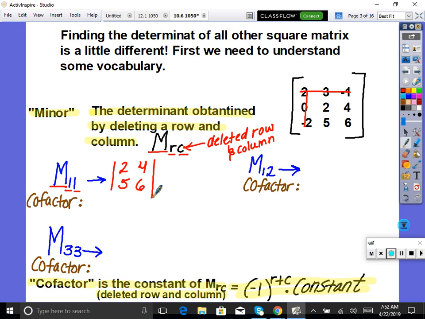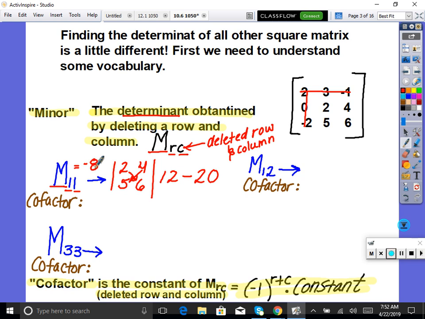Now we can find the determinant. So our minor, deleting row 1, column 1, would be the determinant of this. That would be 12 minus 20, so we get negative 8. So the minor, deleting row 1, column 1, equals negative 8. Does everyone see?